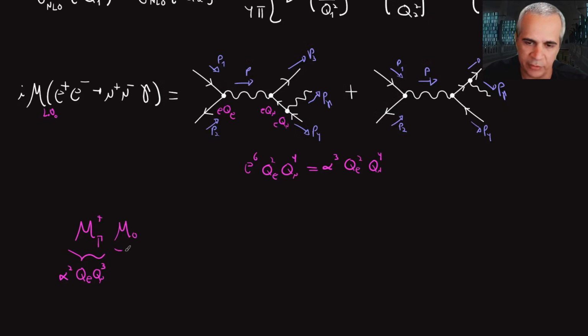And the 3-level one is always alpha QE Q mu.